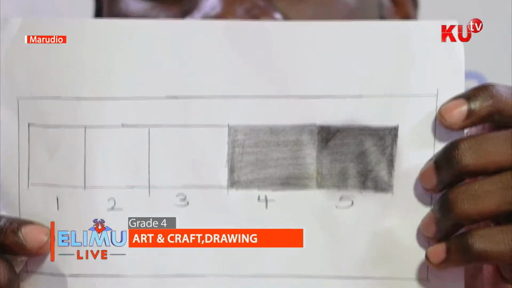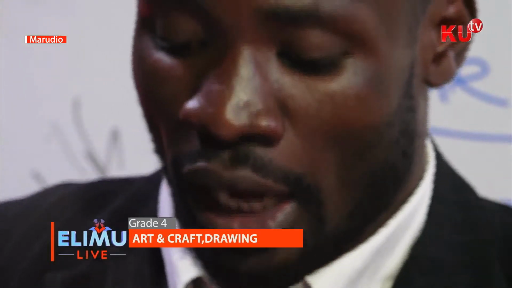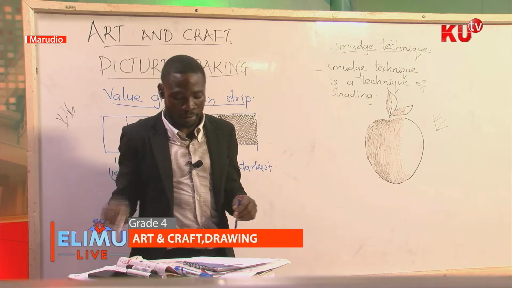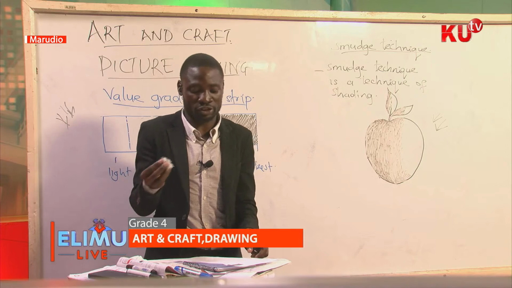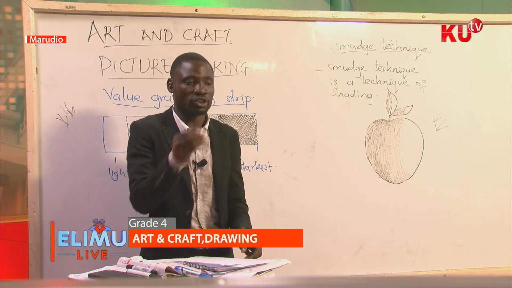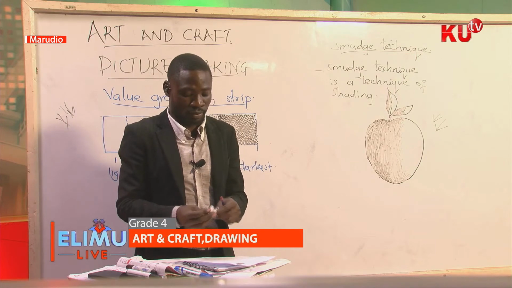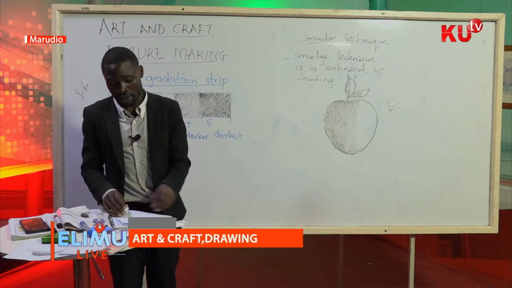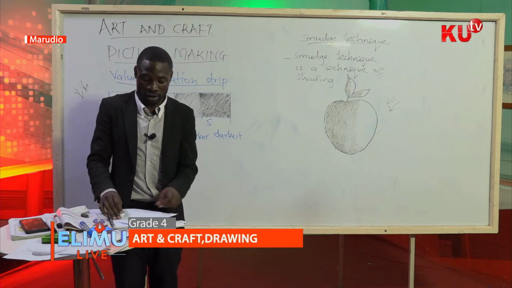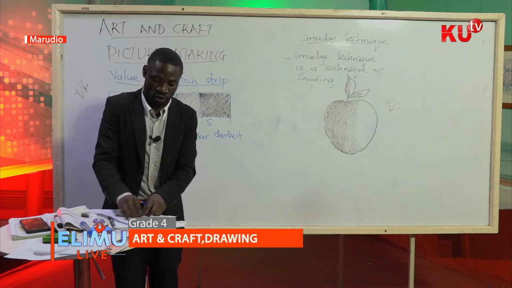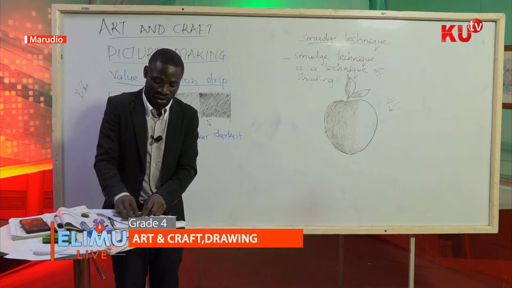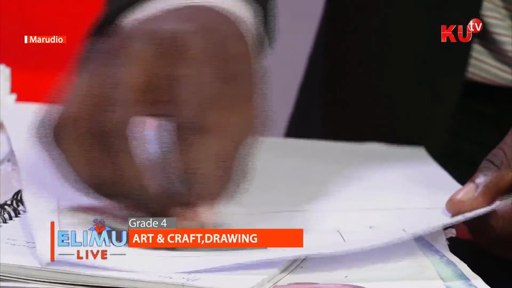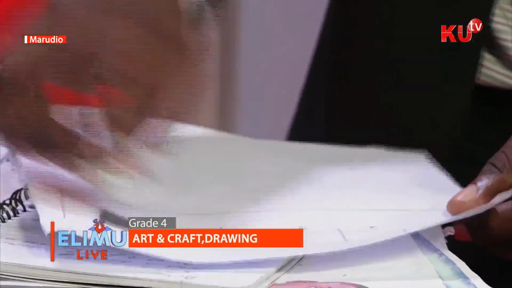I said that we should use a piece of paper or cloth that is soft. This one is a tissue paper. It is advisable that when you are doing art, you use readily available materials that are local.